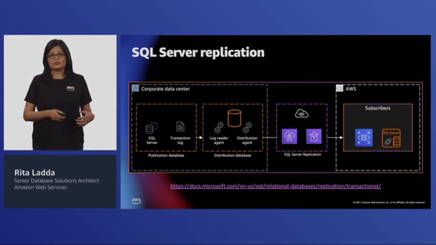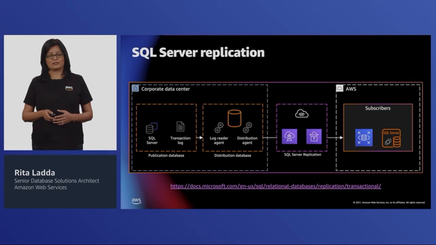You can also use SQL Server native replication capability to migrate your database to AWS. If you're already using SQL Server transactional replication on premises, then you can add an additional subscriber on AWS. SQL Server replication creates a publication database snapshot and sends it to the subscriber on AWS.